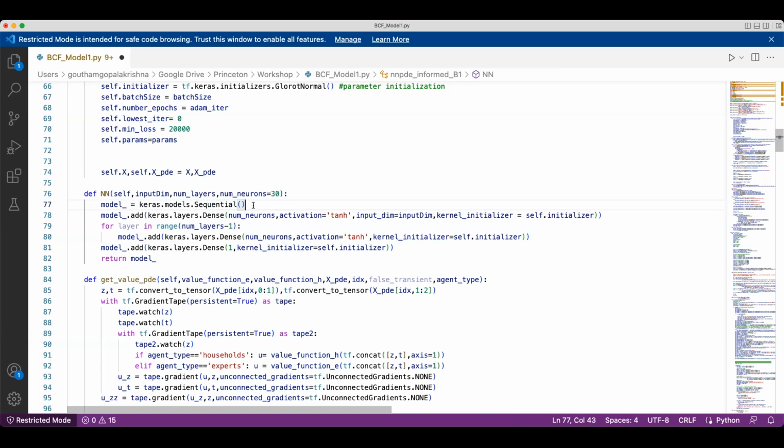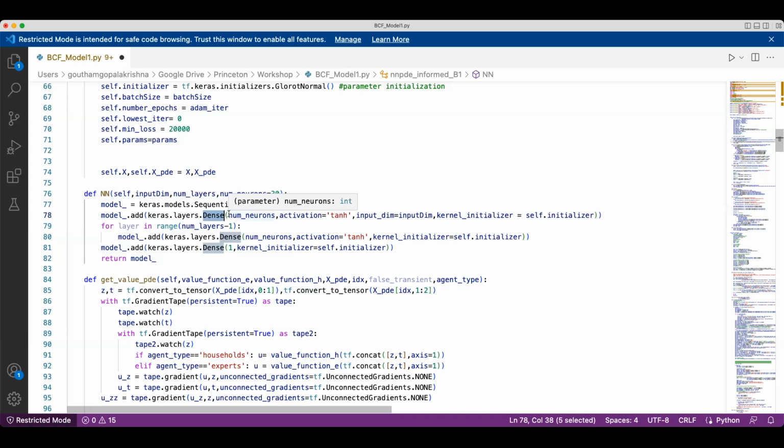Now remember, here you don't need to actually build the entire network yourself. All you have to do is call the Keras library, and especially the models object in Keras class, and just define it to be sequential, and then it'll understand that it's a fully connected feed-forward neural network. And you're going to add to this model dense layers. What is dense? It's fully connected.